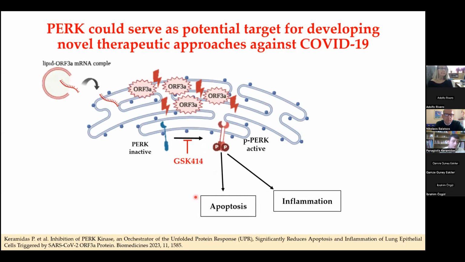When there was the treatment with GSK 414, PERK was retained in the inactive form, thus inhibiting apoptosis and inflammation and favoring cell survival.